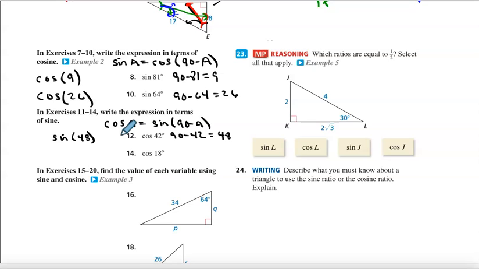If you take a moment and plug cosine of 42 into your calculator and hit enter, and do sine of 48 and hit enter, you'll get the same value of about 0.74. They have the same exact decimal. And then this is just going to be 90 minus 18, which is 72, so this will be the sine of 72 degrees. All of these are degrees.